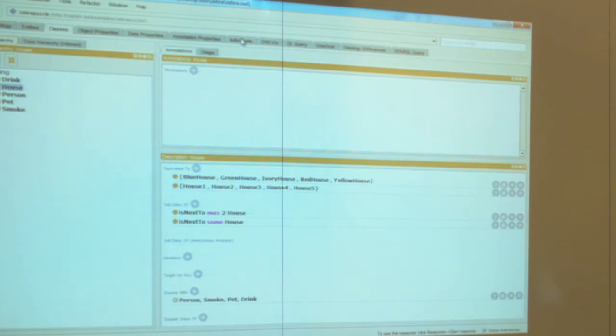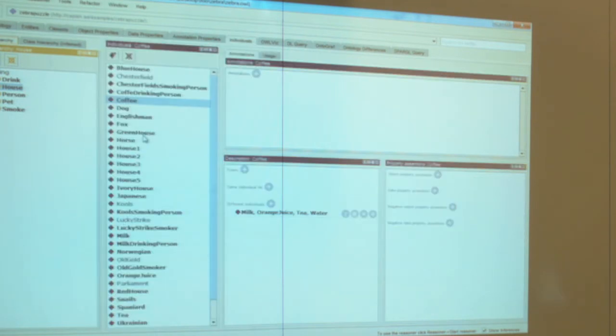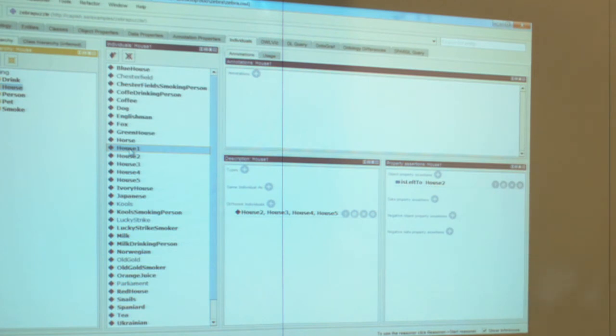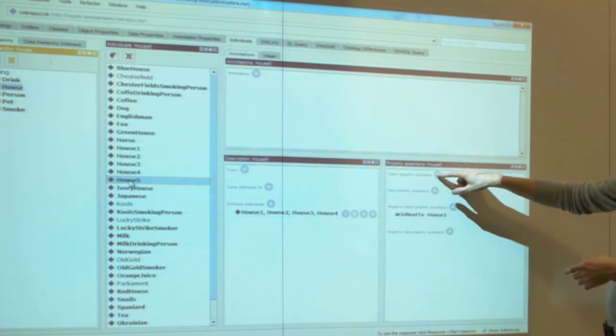Now, the final piece. We look at house 1. We need to make an explicit statement that house 1 is left of house 2, house 2 is left of house 3, and so on. House 4 is left of house 5, but for house 5 we don't make any assertion here.